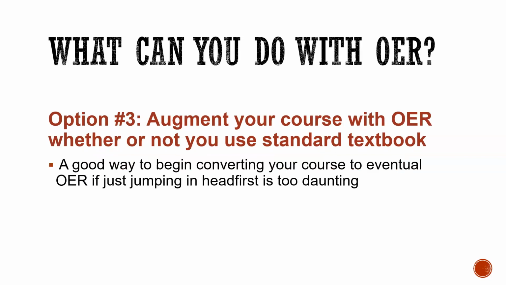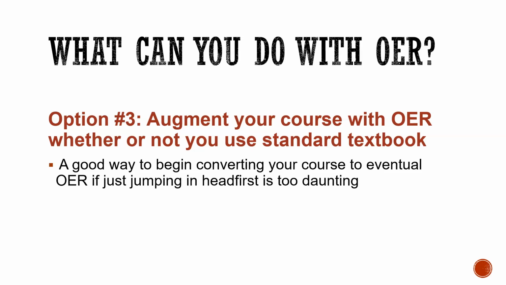Additionally, if jumping into your course with full OER is a little daunting and more of a challenge than you want to take on in one semester, you can start augmenting your course with OER, whether or not you're going to use a standard textbook that semester.